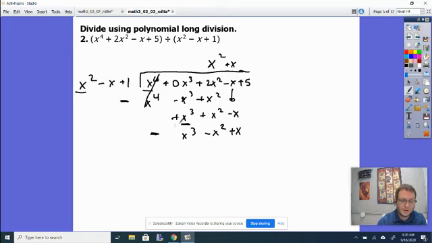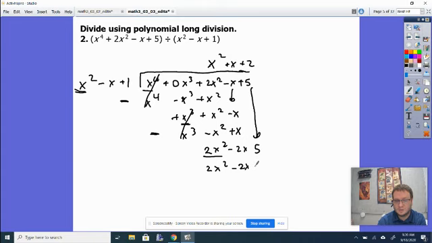Subtracting cancels. 1 minus negative 1 is going to give me 2x squared. Negative minus negative, minus 2x. Drag down. Same process. 2x from x, 2x squared from x squared. It's going to be plus 2: 2x squared minus 2x. And then 2 times 1 is just 2.